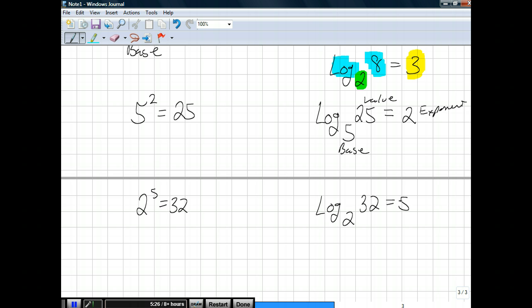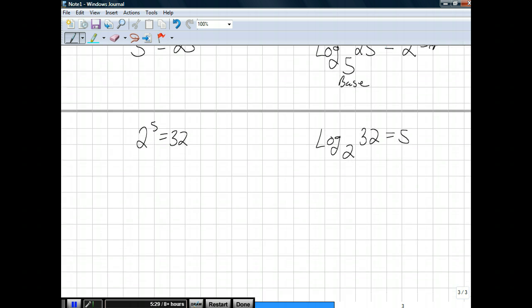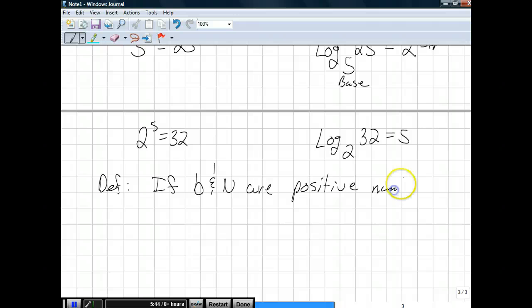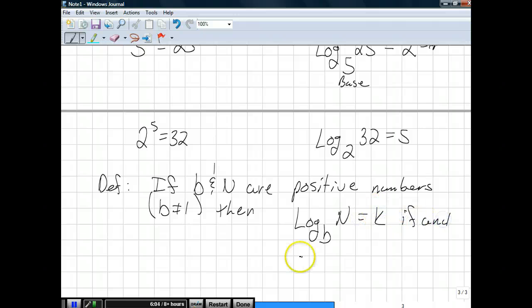So in general, definition. If b and n are positive numbers with b not equal to 1, then log base b of n has to equal k if and only if b to the k equals n.